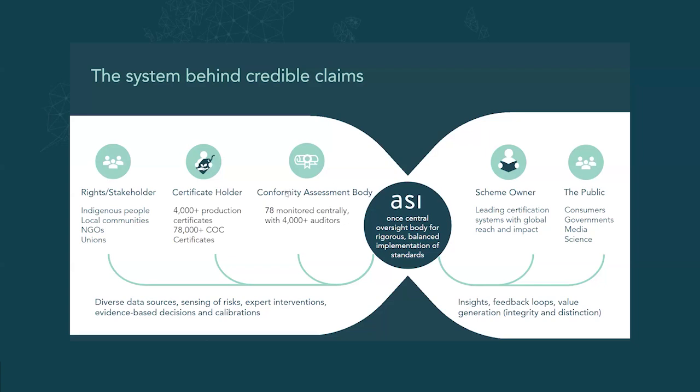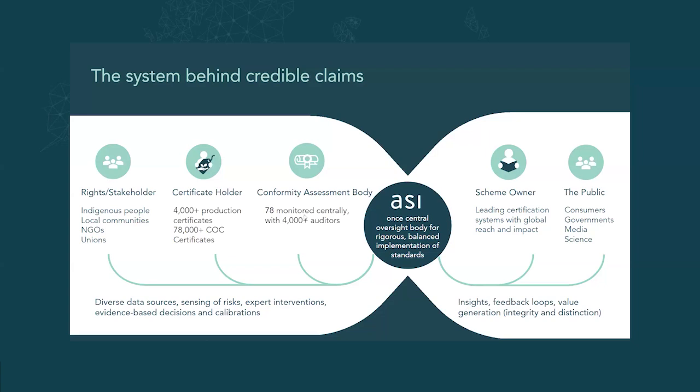They normally do annual audits of the certificate holder, and those CABs are responsible for the certification decisions. ASI's role is to directly oversee those CABs. So we accredit them or approve them through different means. I'll go into detail about that in a few minutes.